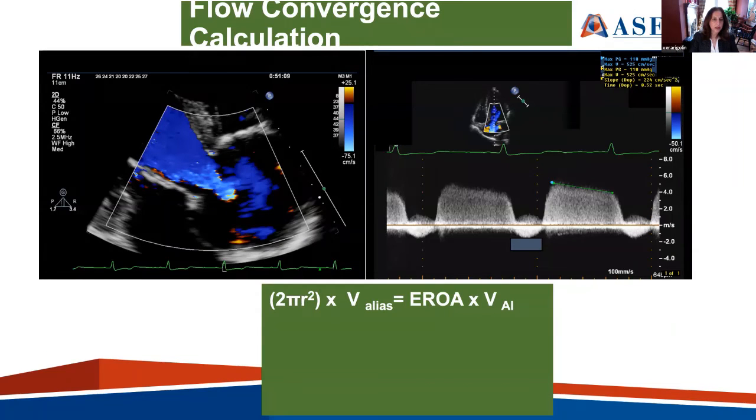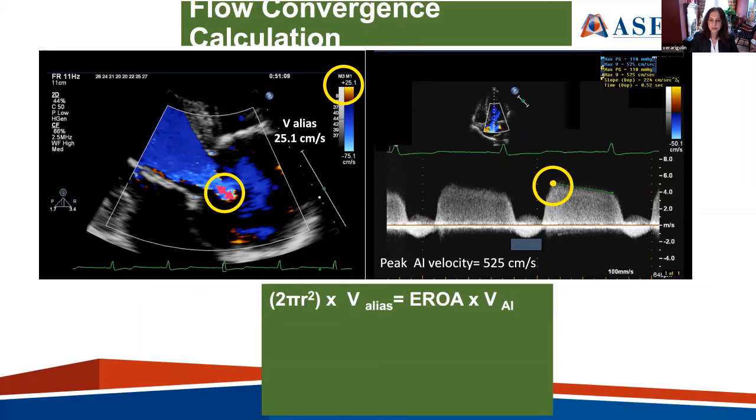Here we have already baseline shifted, and we're going to measure our radius. Our aliasing velocity here is 25.1 centimeters per second. Then we're going to measure the peak velocity of our AI jet, and that's 525 centimeters per second.